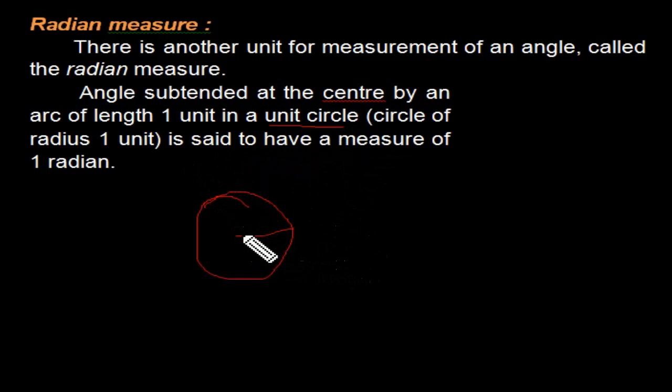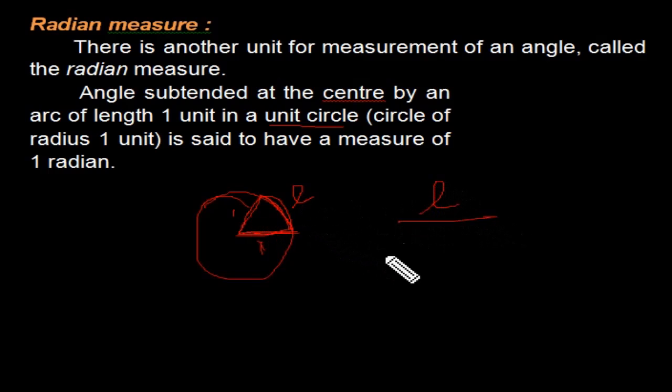What is radian measure? If this is the radius and this is the arc length, this is the initial ray, and I am taking one more ray as the final terminal ray. This radius is also 1, and we know that this is the arc length, part of the circumference of a circle.